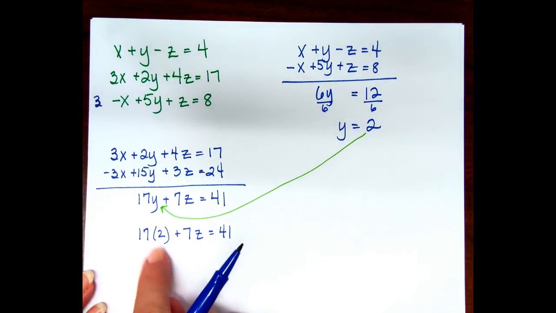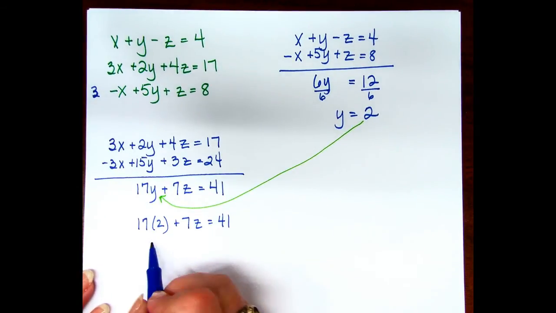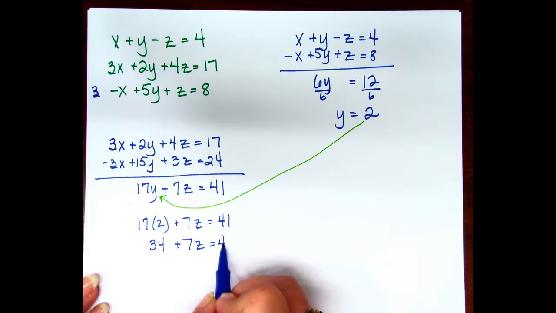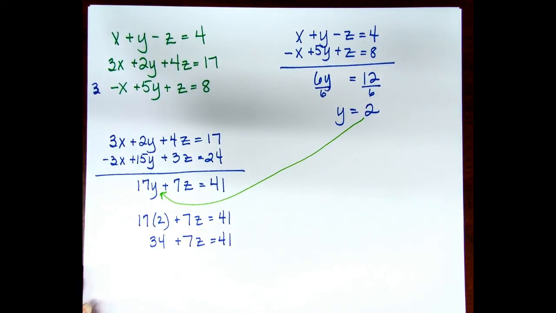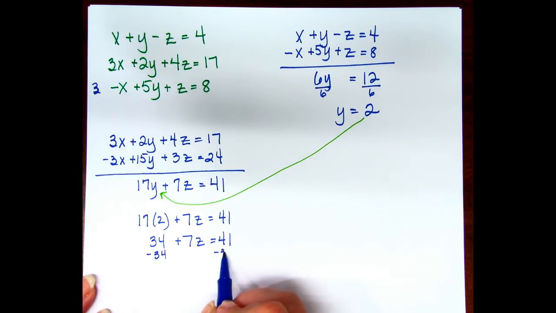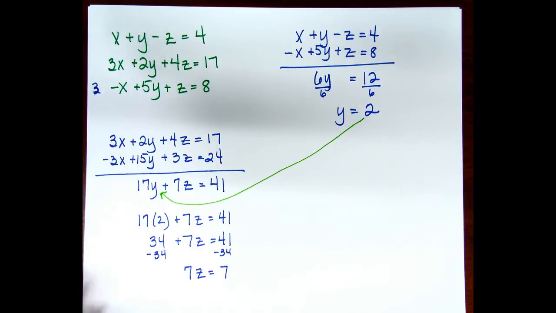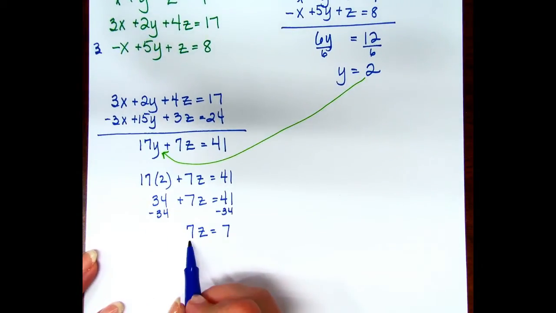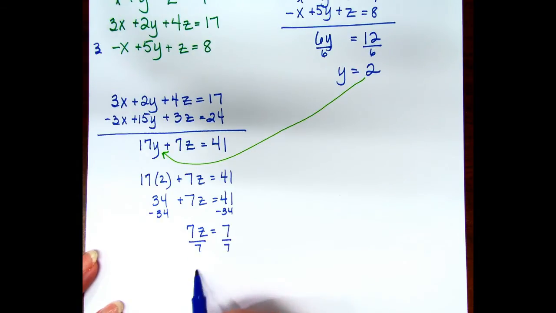What is 17 times 2? 34 plus 7z equals 41. To solve for z, first I would subtract 34 from both sides. Good job. 7z equals 7. When I go to divide both sides by 7, z equals 1.